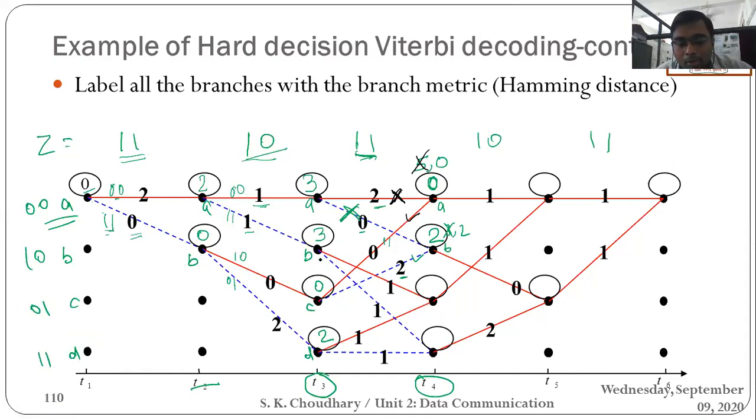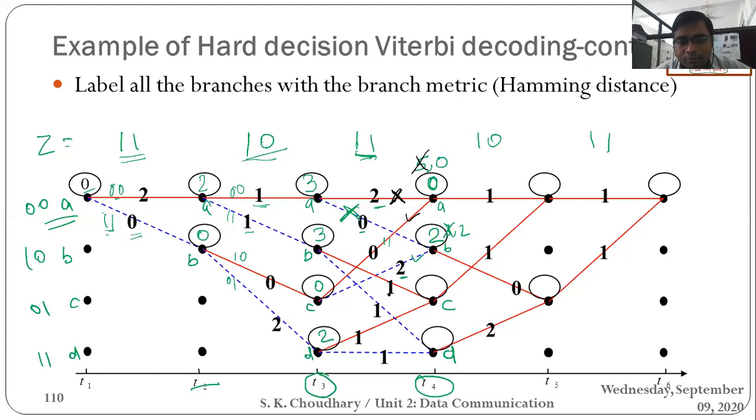Now you have to come to this B node. From B there are two possibilities, 0 and 1. When 0 is received, the output is 1 0, and you move to node C. So at this 0 input, the output is 1 0. Compare the 1 0 with the 1 1.